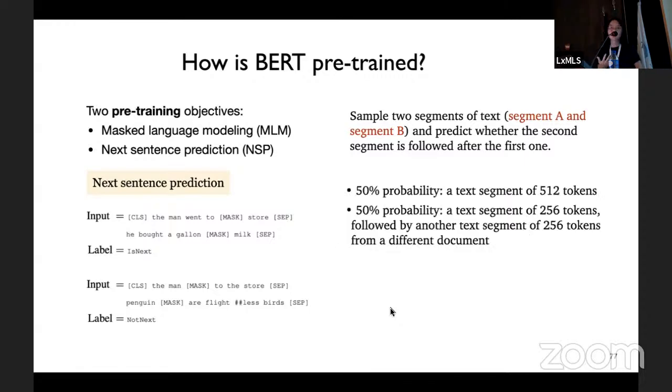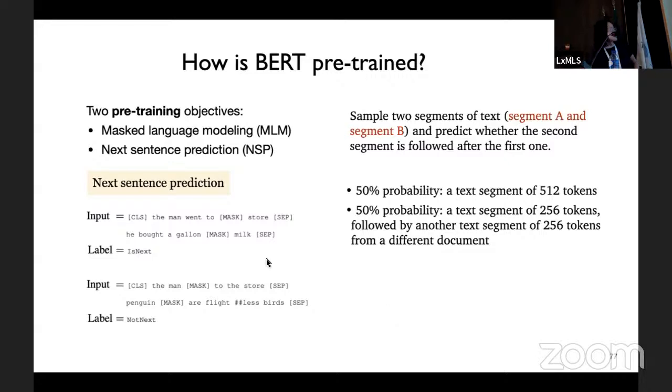The max sequence length is 512 in the BERT model. For 50% of the time, they sample a text segment of 512 tokens from the training corpus. For another 50% of the time, they sample one text segment of 256 tokens, and another text segment of 256 tokens from a different document.